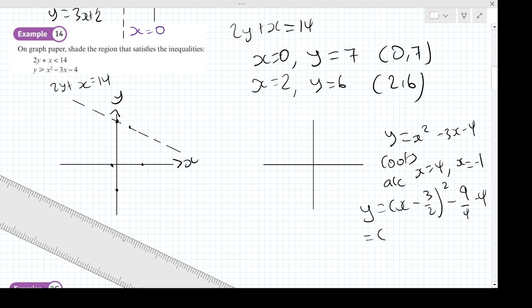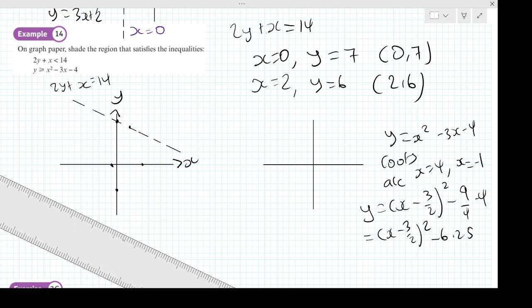Then we could just simplify it. So we have x -3/2 all squared. And then we put that bit in the calculator, -9/4 and -4, will get me minus 6.25.